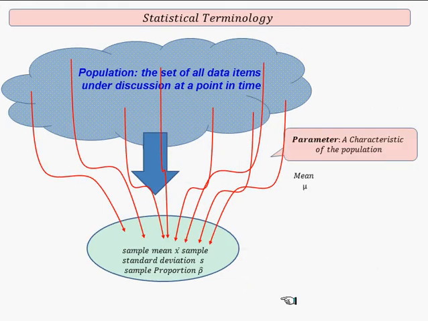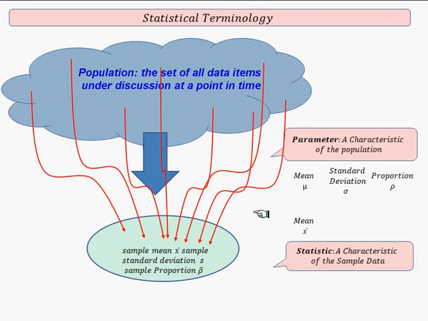Now we're going to look at some terminology here. A parameter is an aspect of the population, and some examples are the mean with the designation mu, standard deviation sigma, and proportion rho or p, and these all refer to the population. In contrast, we have a statistic, which is associated with the sample, and that includes the mean.